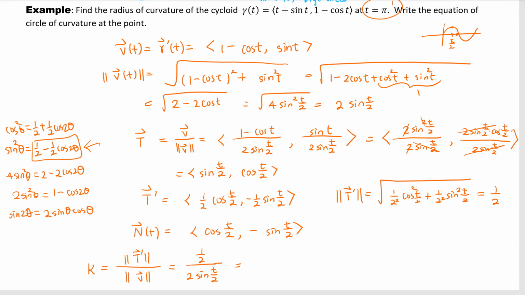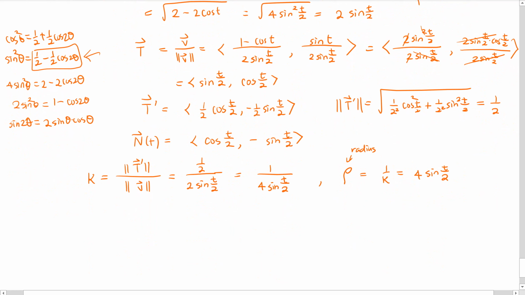So you can see that's 1 over 4 sine t over 2. Okay, and this is the curvature. Now, what is the radius of the osculating circle? 1 over curvature. So that's 4 sine t over 2. So far, so good, everybody? All right, let's continue.